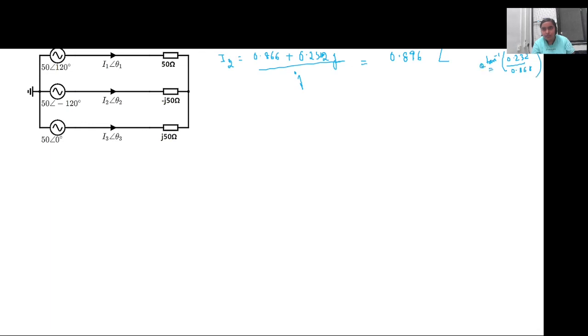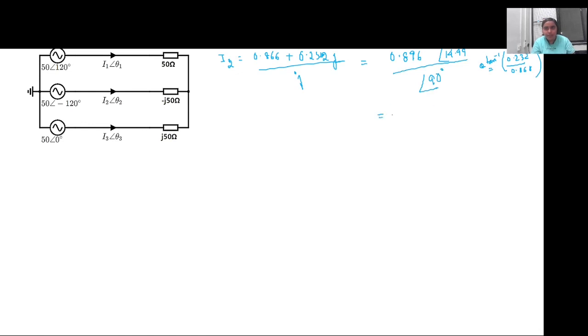This will be theta. So tan inverse of 0.232 divided by 0.866. So it is 14.99 degree. And in the denominator it is j, so j is equal to 90 degree.